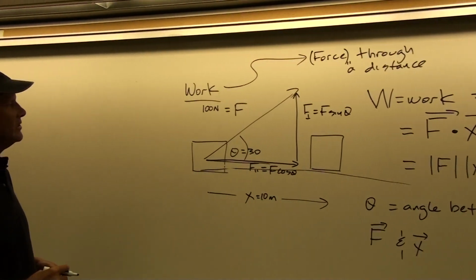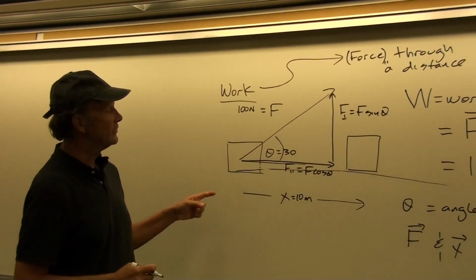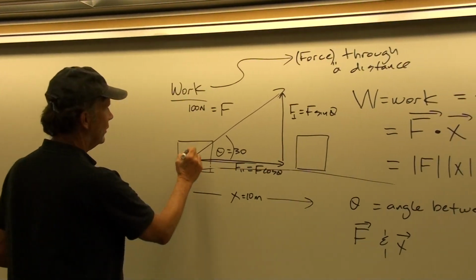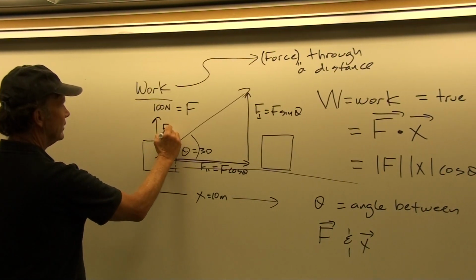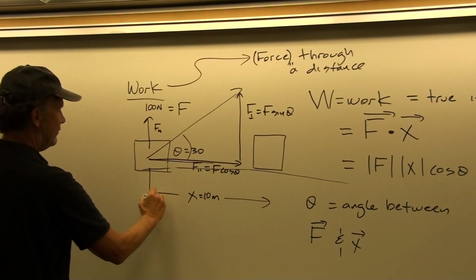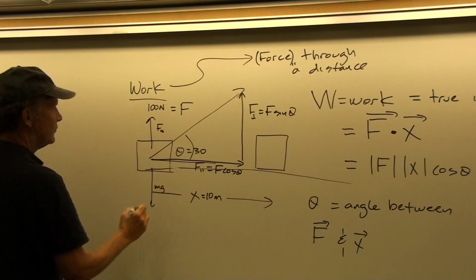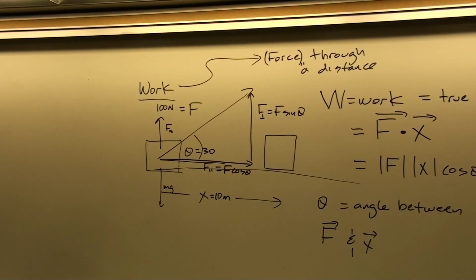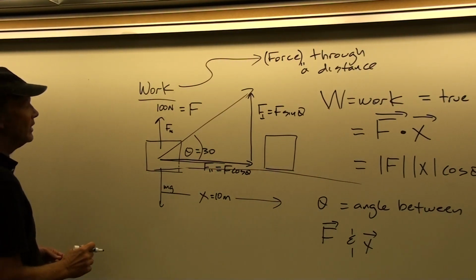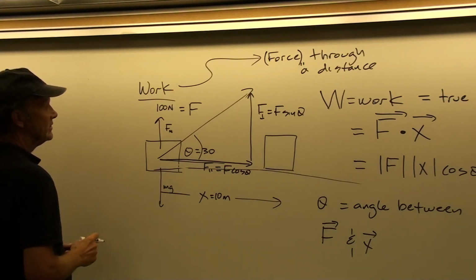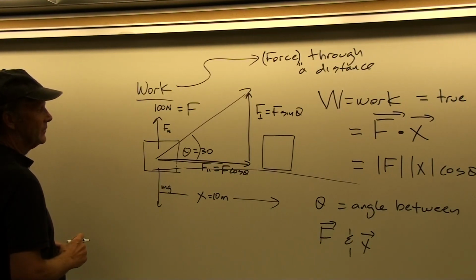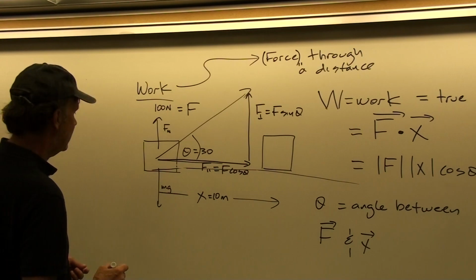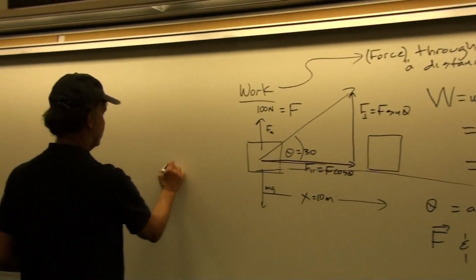Let's not worry about any other forces for the moment, although we do have a normal force and we have mg. We won't need to worry about those yet unless there is friction. So let's just find the work done by our force F.